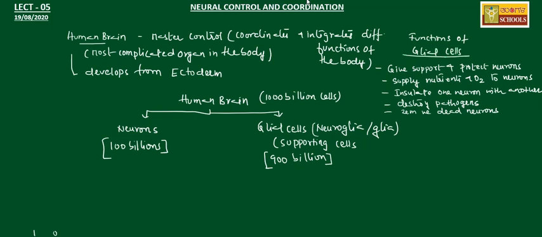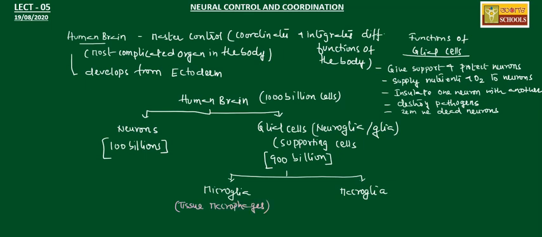Now these glial cells we classify into two types: microglia and another one called macroglia. Right. So these microglia are the macrophages, the tissue macrophages.